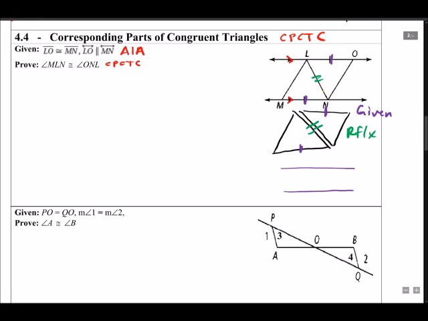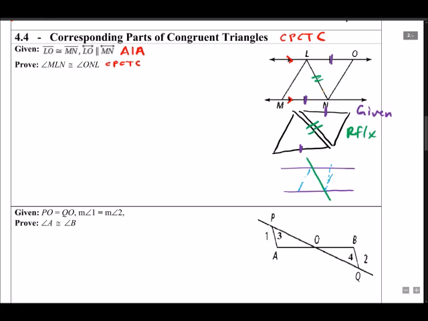Now we've got a couple options for transversals here, but we really want angles that are going to be in both of these triangles. So I'm thinking this middle line to be our transversal, because that line is associated with both triangles, and then we can just kind of dot in. Well, sorta.